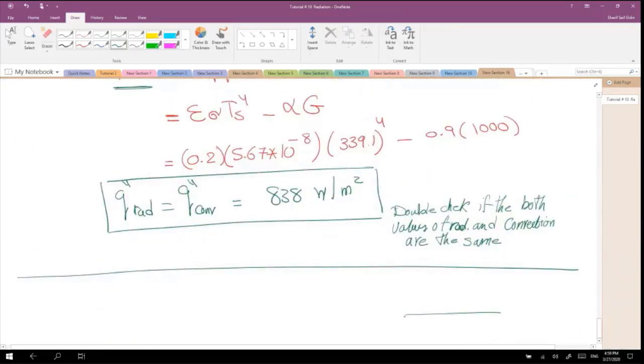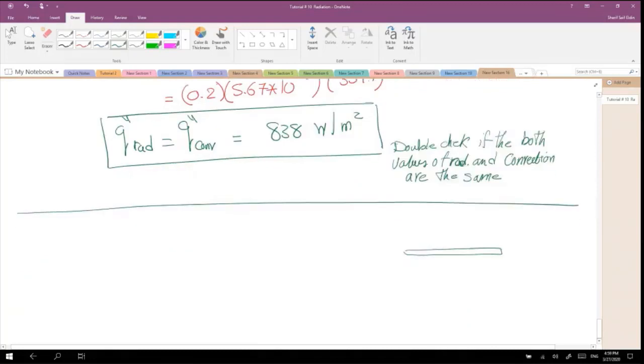If you have this plate here, so this is G, we have G transmitted, G absorbed, and G reflected, and the emitted as well. And also we have Q convection.